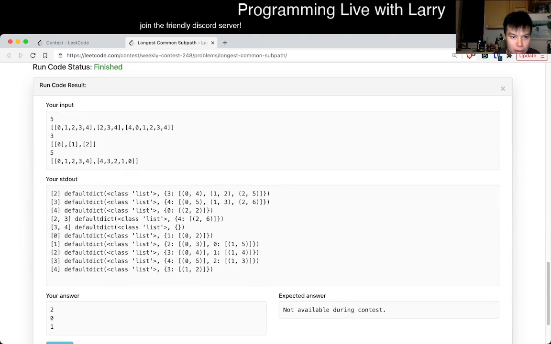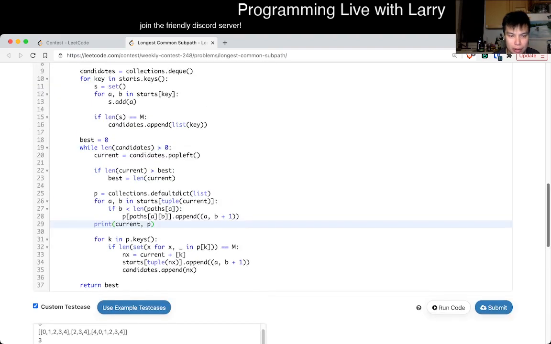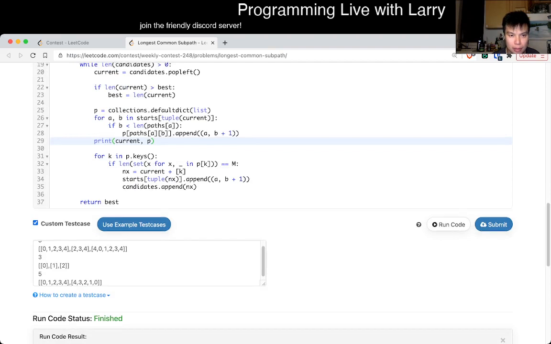We only have 6. 2 and 6. What? 2, 2, 3. The next one is 4. But I'm getting some weird things. Why is that?